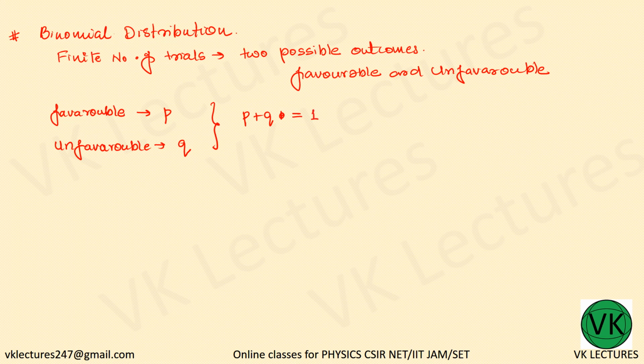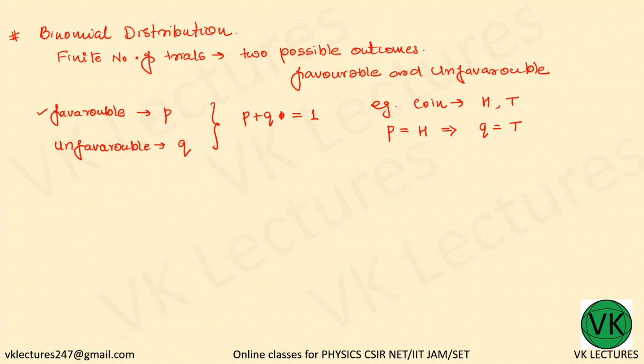Now, for example, I am tossing a coin, so head or tail. If getting a head is my favorable probability P, then Q, the unfavorable, will be getting a tail.